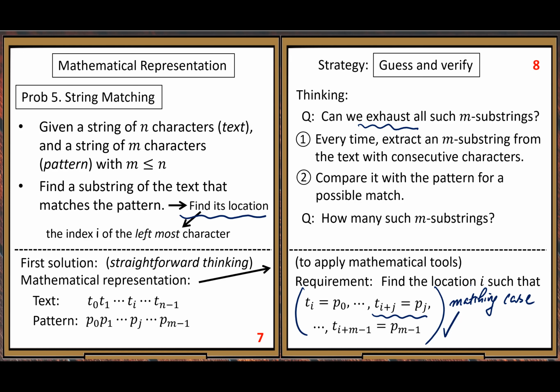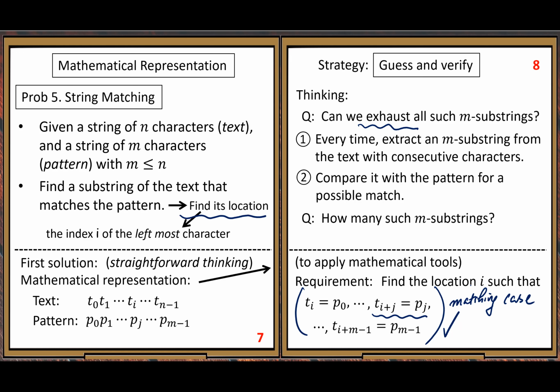Then another question: how many such M substrings do we need in order to exhaust all possible M substrings? There must be some number there, right? It should not be that hard to find that number.